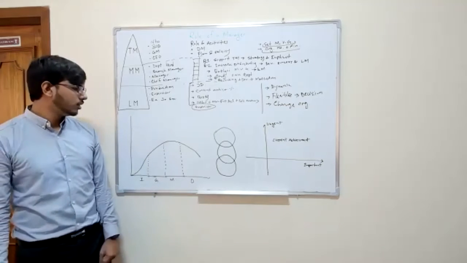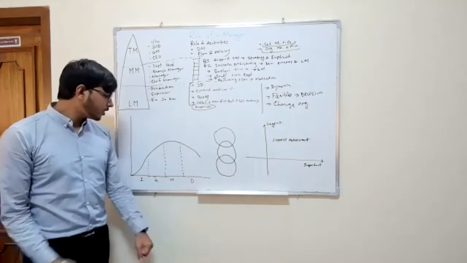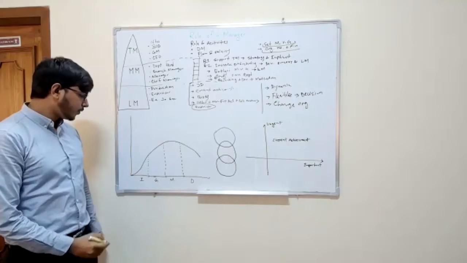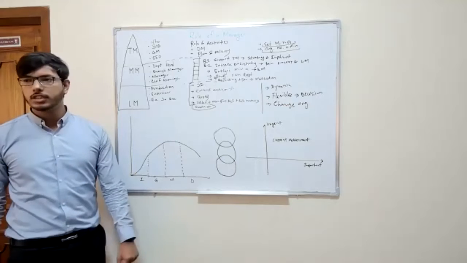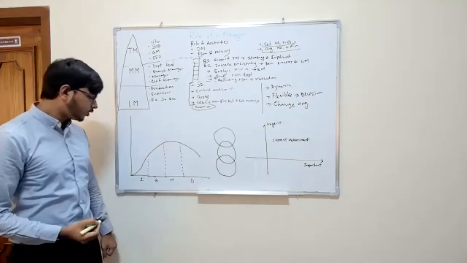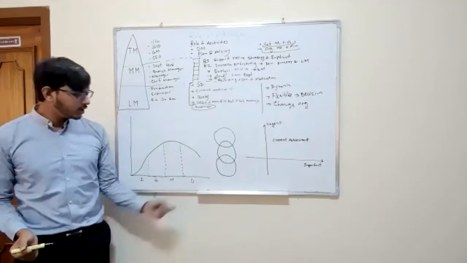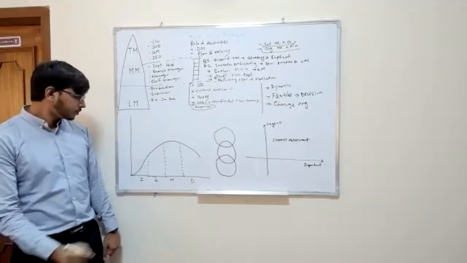So now I'm going to show you how they have to be flexible and how they can change the organization. To describe this, we have to go through the business life cycle. There are four stages in the business life cycle: first one is introduction, second is growth, third is maturity, and last is decline.